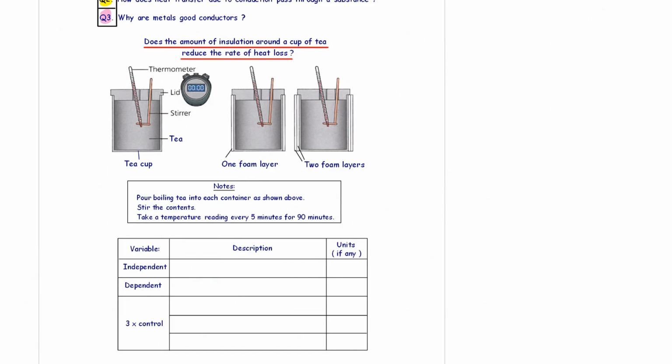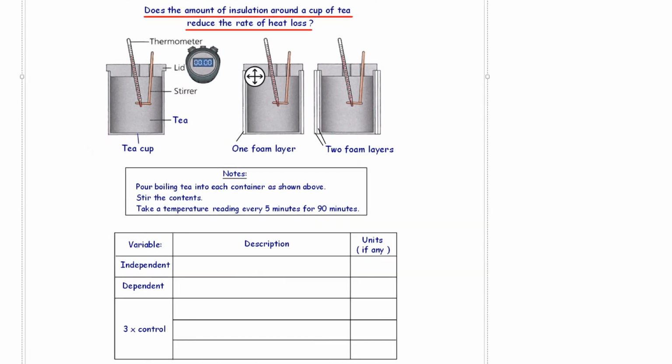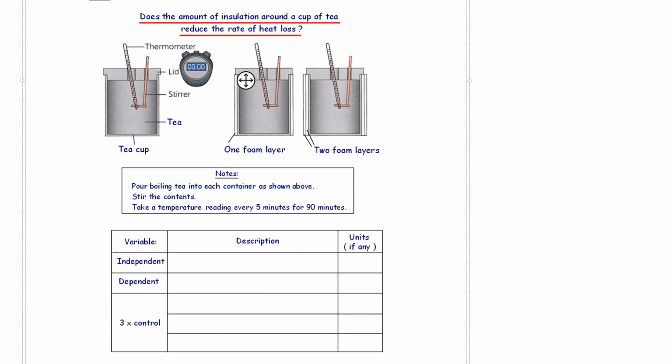Next part. Does the amount of insulation around a cup of tea reduce its rate of heat loss? Well, of course it will. The teacup with 2 foam layers around it is going to lose heat over a much longer period than the one without any insulation at all.